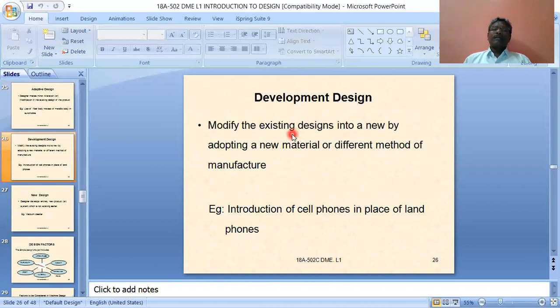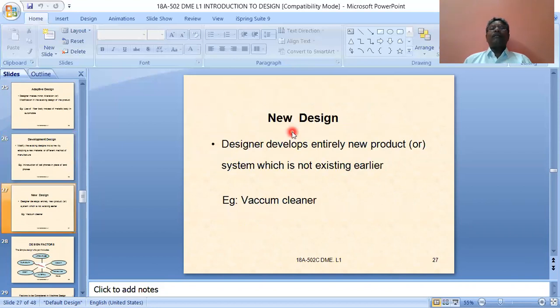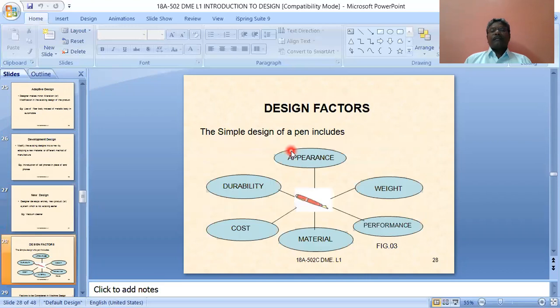The developmental design is not completely new, but obsolete products can be modified using different methods and different materials. Whereas in the new design, the designer develops an entirely new product, right? So these are the three methods used for machine design or mechanical engineering design, right?